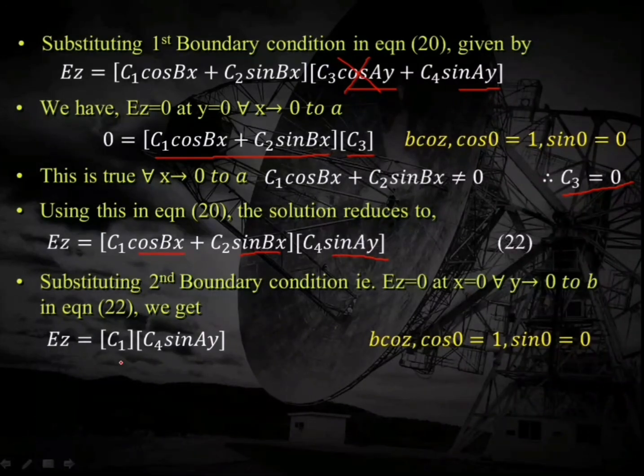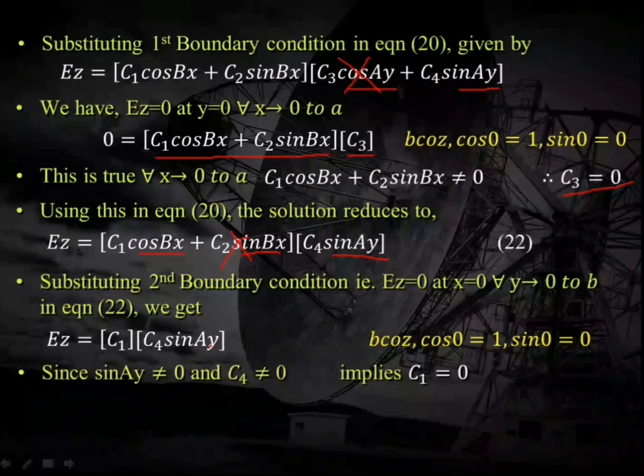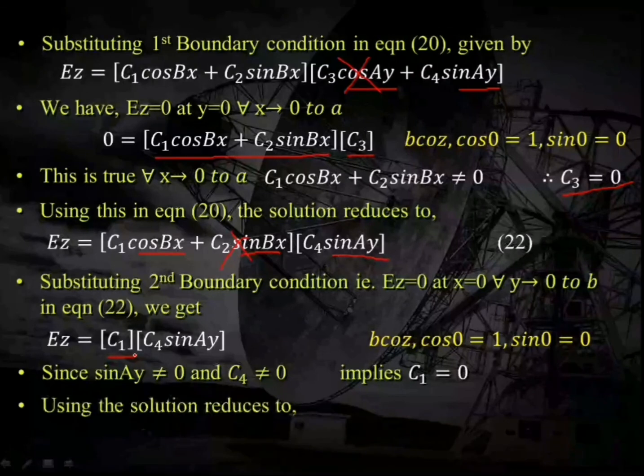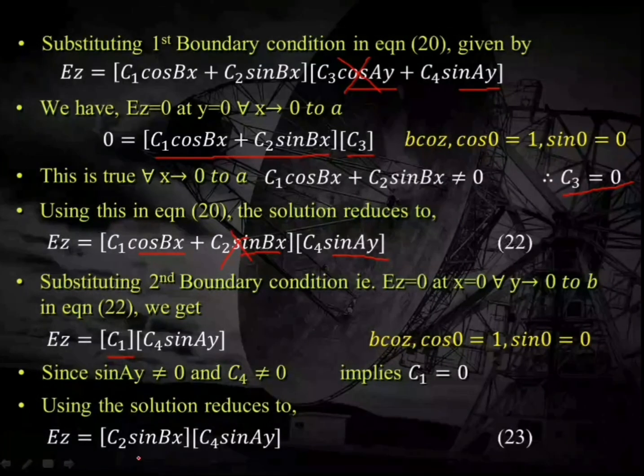So I will get here C1, because this term has been reduced to 0, it is only left with C1 C4 sin ay. And as this C4 sin ay cannot be equal to 0, we can conclude that C1 is equal to 0. So we get C1 equal to 0, and our reduced equation now becomes C2 sin bx into C4 sin ay, named here as equation number 23.